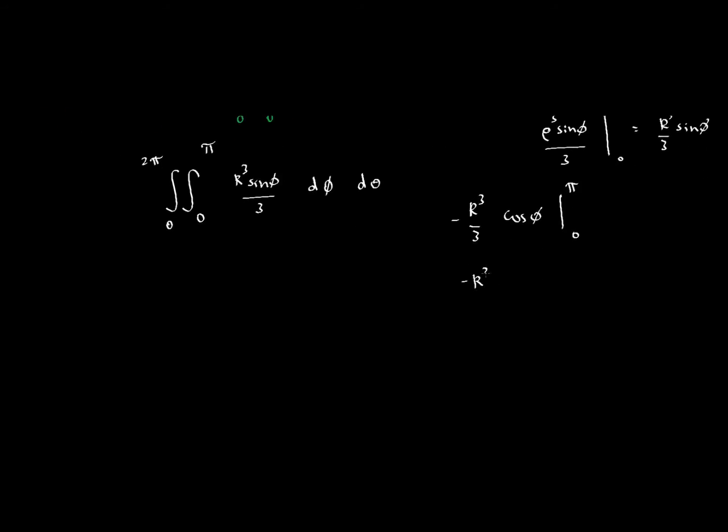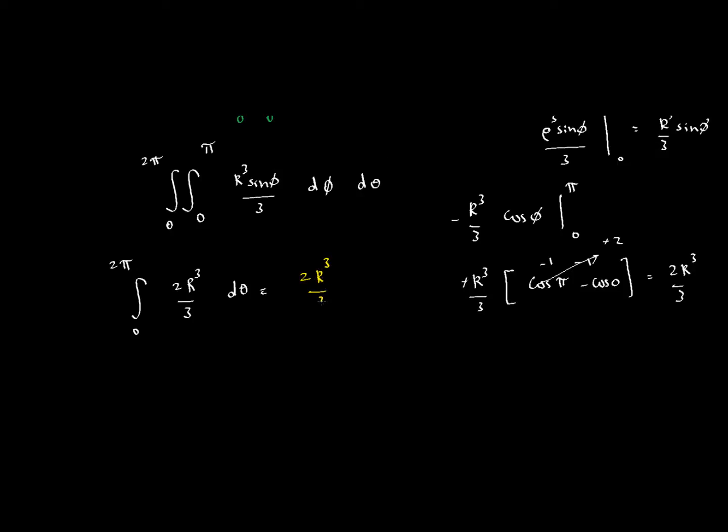So if we take negative r cubed divided by 3 as a common factor, and cosine pi minus cosine 0, that's going to be negative 1 minus 1, so this becomes negative 2. Then this negative cancels with this negative, and we get 2r cubed divided by 3. So now we're integrating from 0 to 2 pi, 2r cubed divided by 3 d theta. So this is going to become 2r cubed divided by 3 times 2 pi. Therefore the volume is going to be 4 pi r cubed divided by 3.